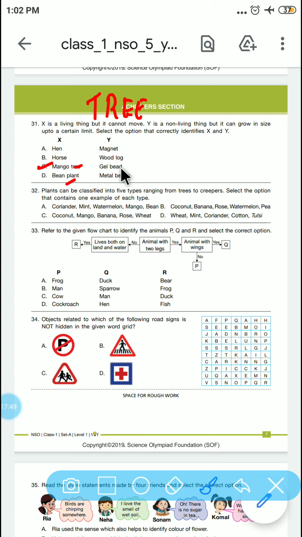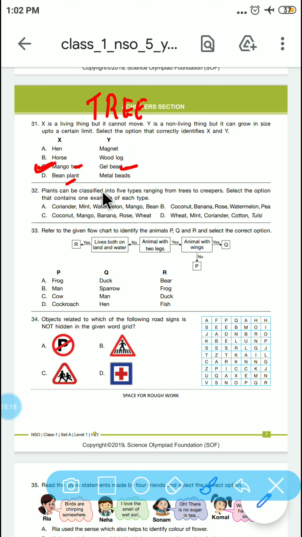Which one can grow? Gel bead can grow up to a certain limit, apart from the metal bead, because we need to put it and hammer it, then there are certain chances of growing. So gel bead will be the correct option. Also, as per the order of ranking, option C is above, so we will go with option C.